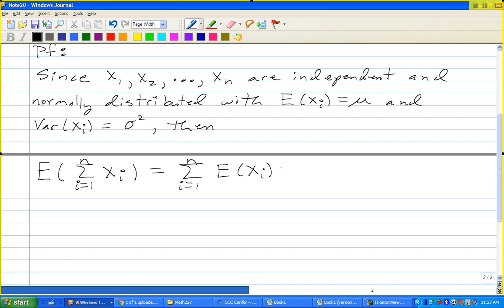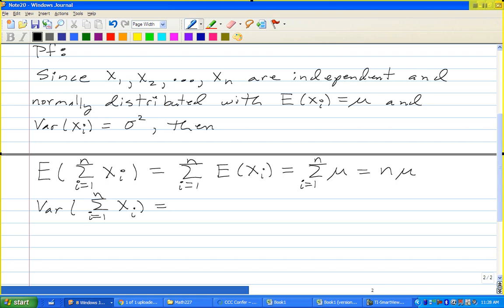And each of these expected values is just mu. Since you're adding up a whole bunch of constants, this is just n mu. And the variance of the sum, i equaling 1 to n of xi.